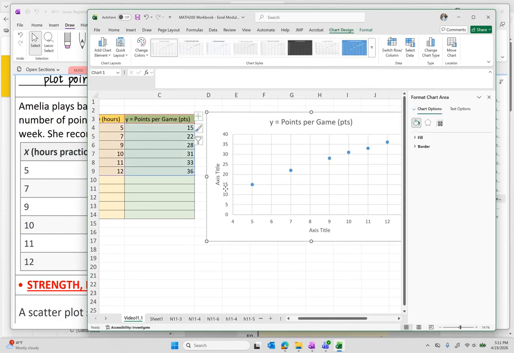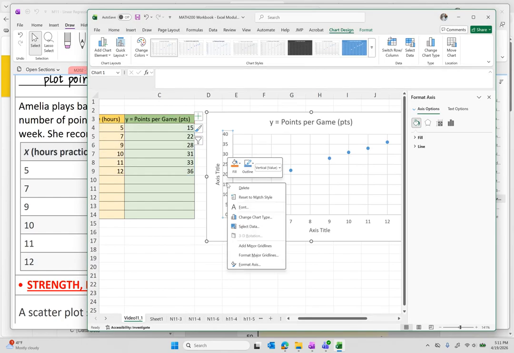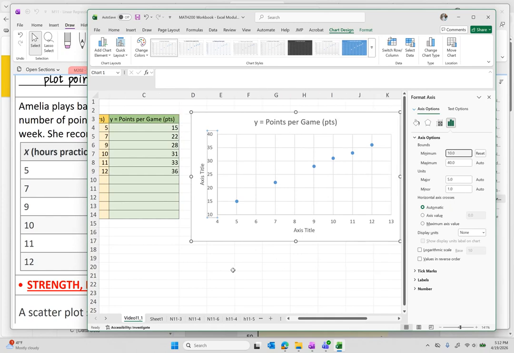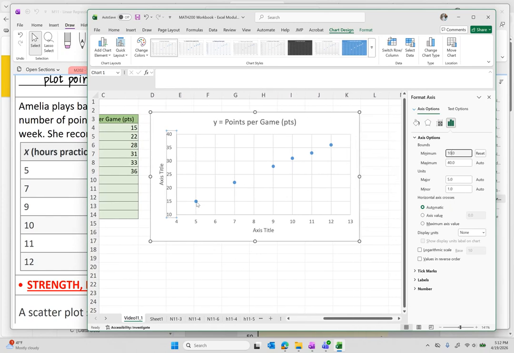I also would like to format the y-axis, so let me right click on it, format the axis. I don't want the minimum to be 0, but let's say the minimum should be a 10, so that we can see the 15. There we go. Now we have a much better view of the graph, and you can see that the origin is no longer 0, 0 like it was before.